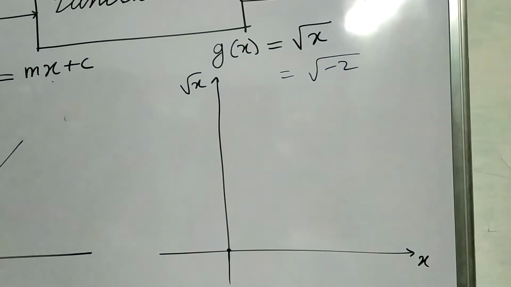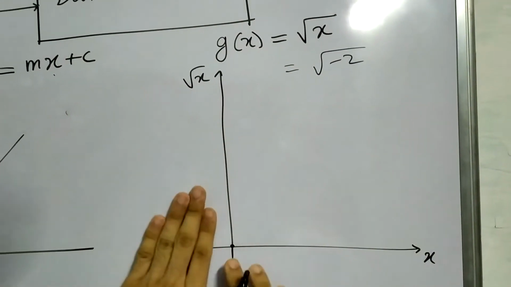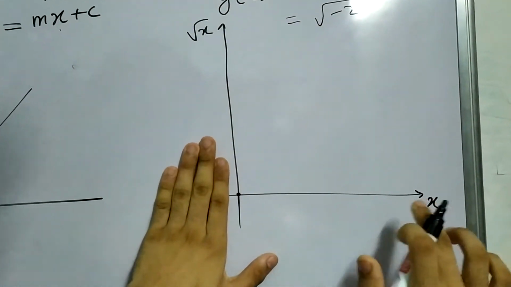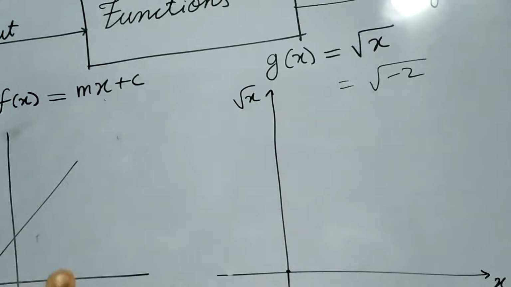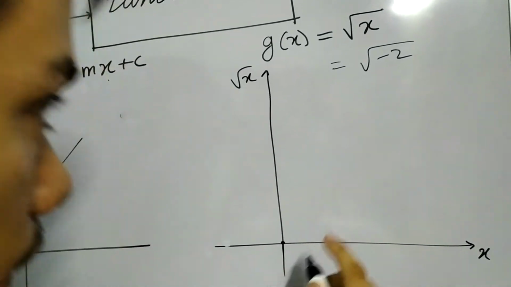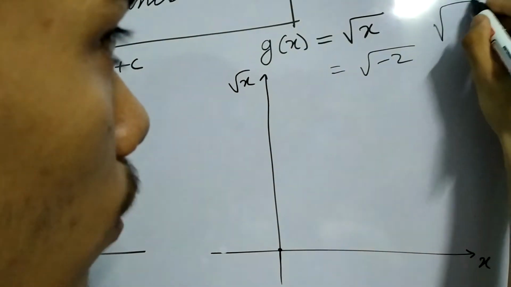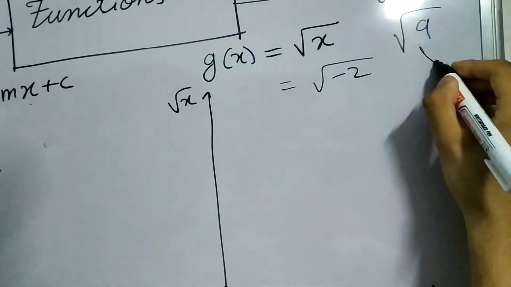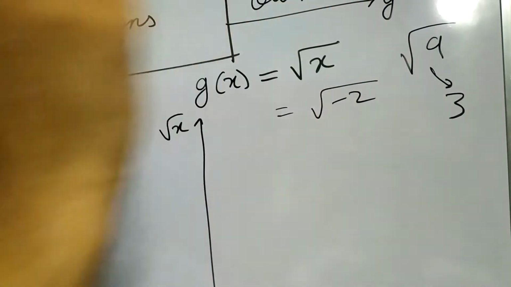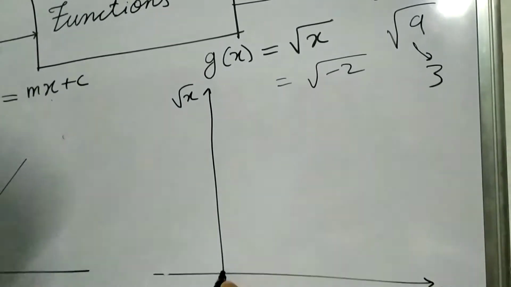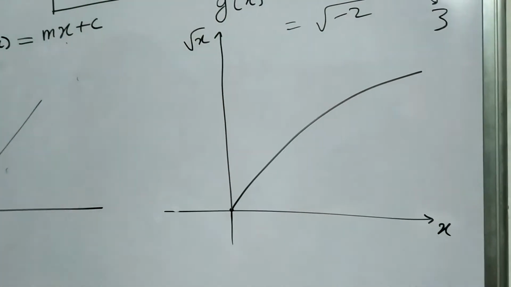So we'll consider only positive values of x. So x greater than 0. So this part only. And this function g of x gives only the positive values. It doesn't give negative values. For say root 9, this will give you 3, not -3, because a function can have only one output. So it will look something like this.